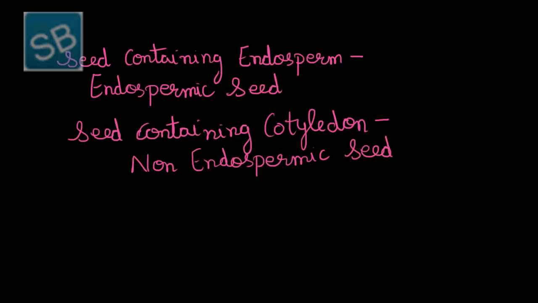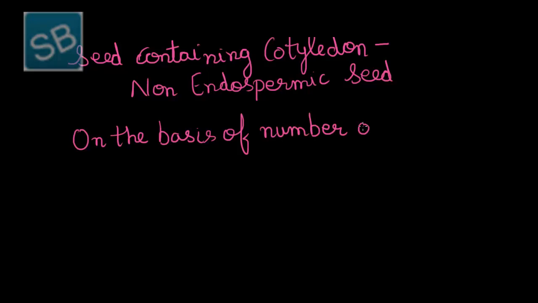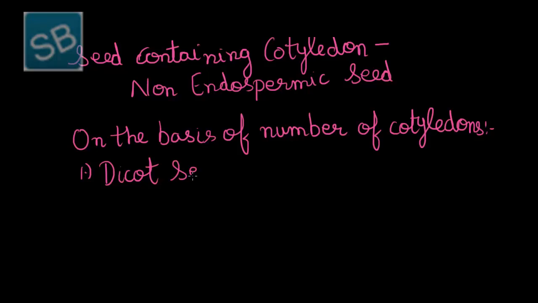Thus, non-endospermic seeds, on the basis of number of cotyledons, have been classified into two types, that is dicot seed and monocot seed.